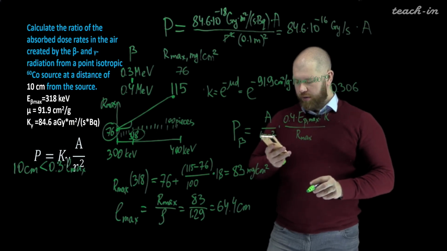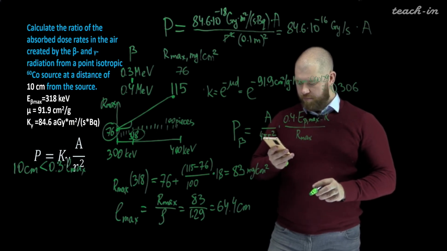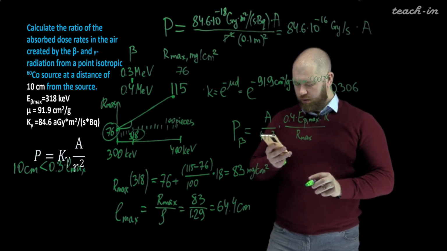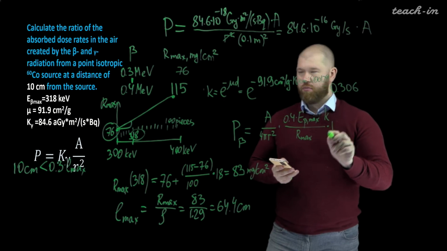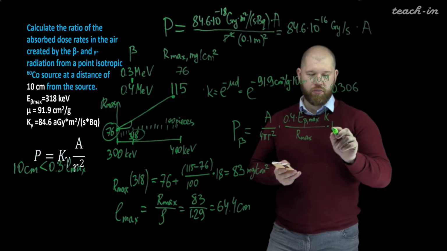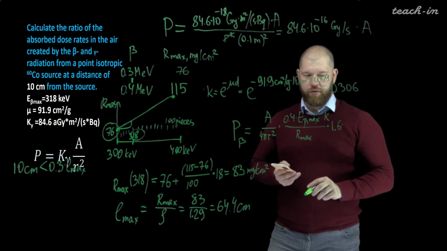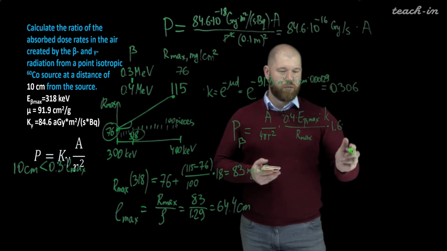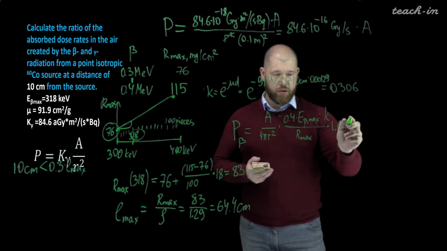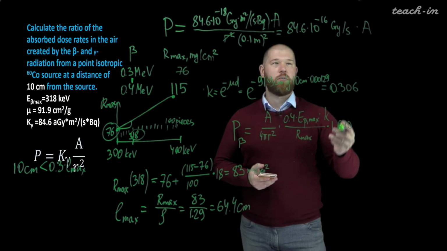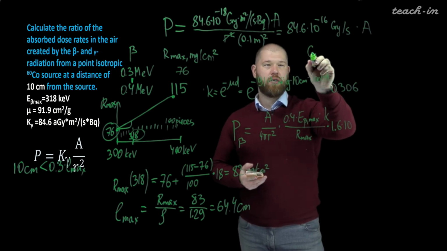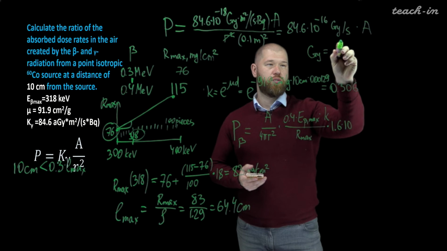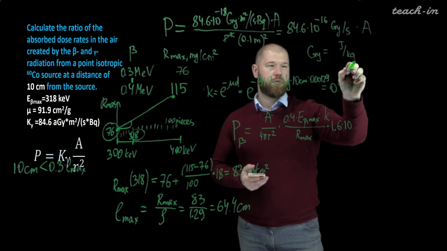And if we take the energies in mega electron volts, or so we have kilo electron volts, thus we will recalculate the kilo electron volts to joules, or we remember that gray is joule per kilogram.